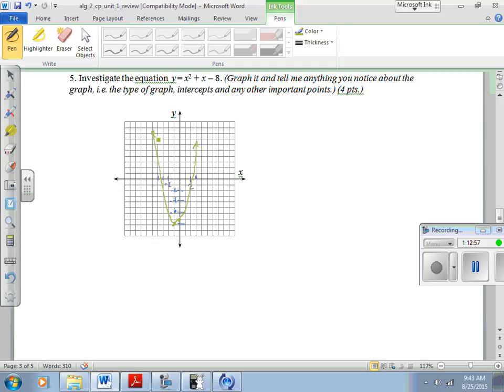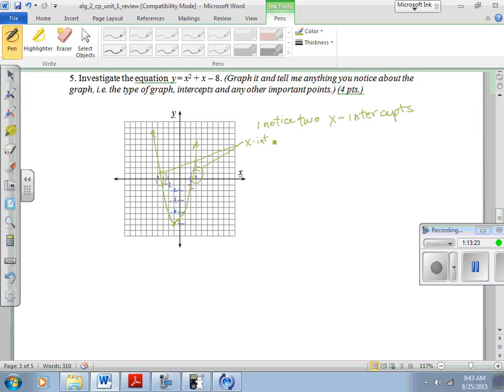So now you've got to label anything you notice about it. Well, I notice 2 x-intercepts, and I'm going to label them. I notice 2 x-intercepts.